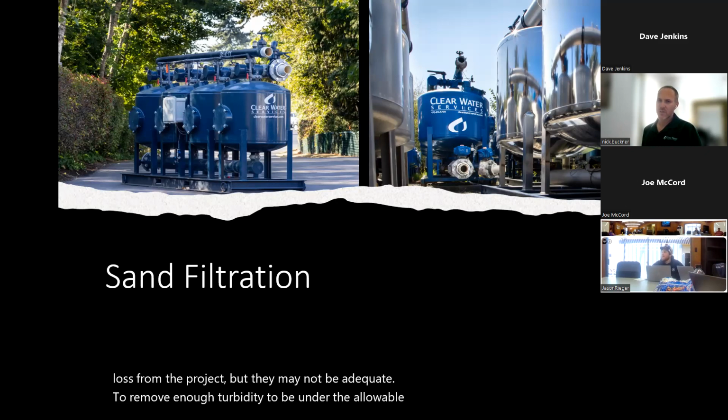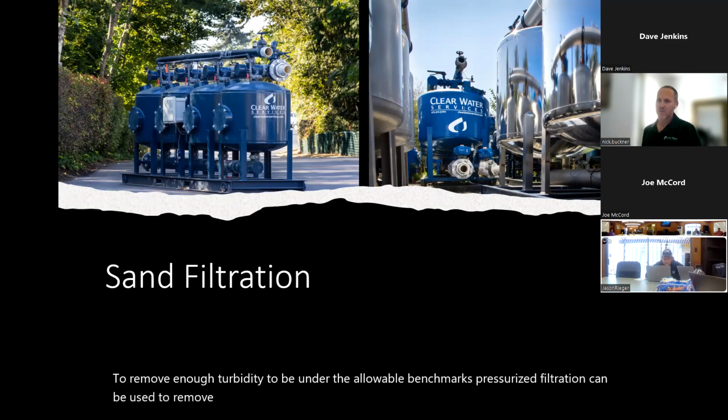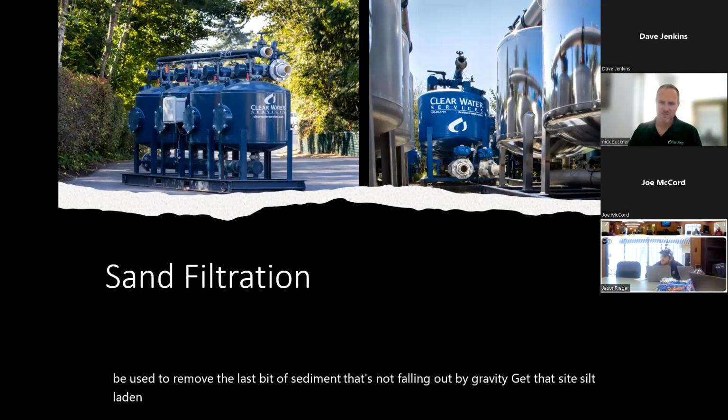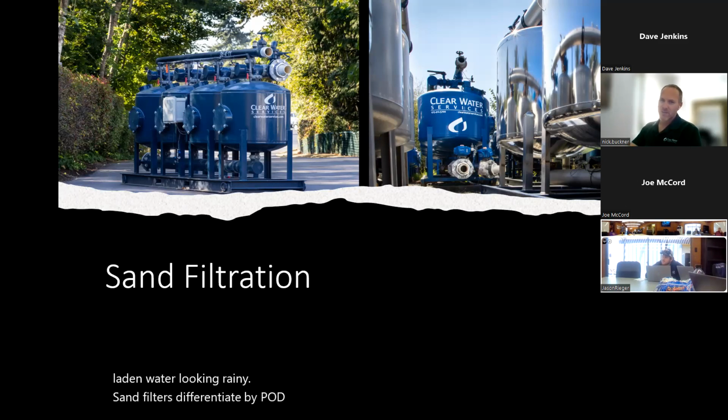Pressurized filtration can be used to remove the last bit of sediment that's not falling out by gravity and get that silt-laden site water looking like rain. Sand filters differentiate by pod diameter, sidewall size, and number of pods.